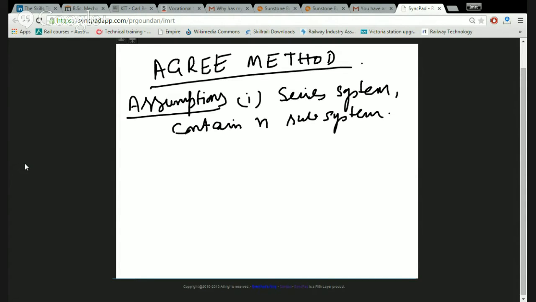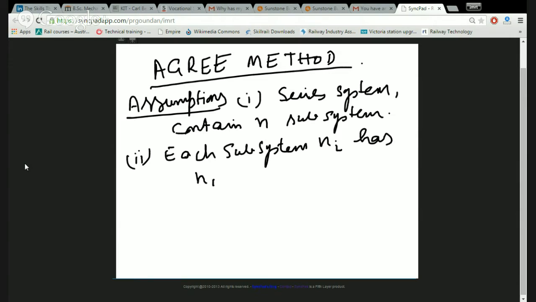Now, this is assumption 1. Assumption 2: each subsystem, i equal to 1, 2, 3, up to n, has ni modules.